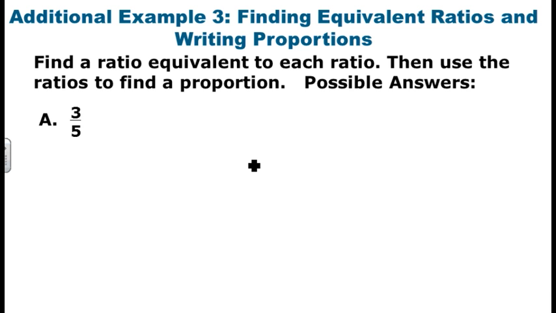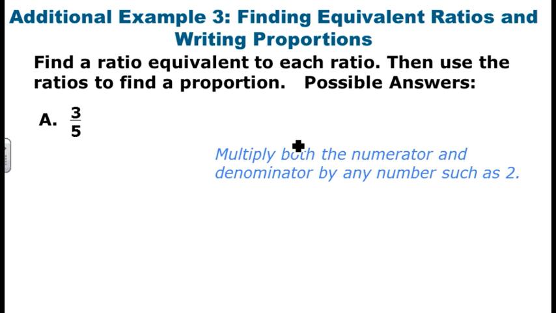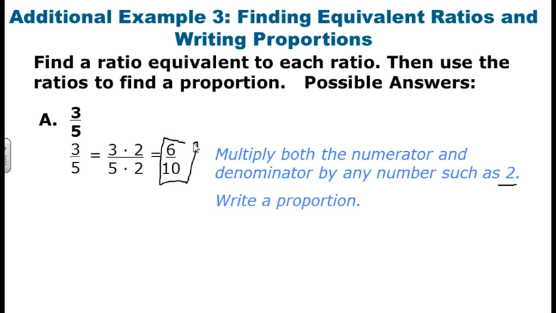What I mean by change, I mean multiply. So let's say 3/5. If I pick a number like 2 and I want to multiply 3/5 by 2, I do both the numerator and denominator, and I get 6/10. 6/10 is an equivalent fraction. Now, I didn't have to do 2. I could multiply by 3, I could multiply by 10, I could do anything for that.